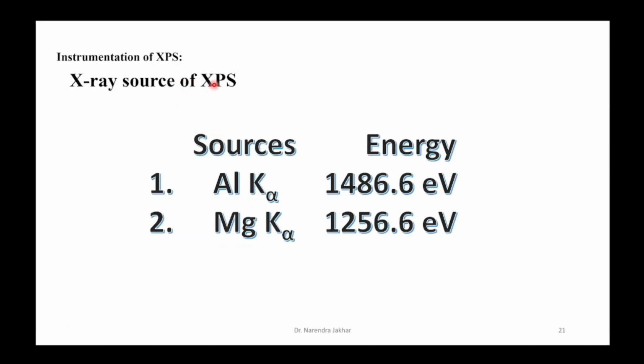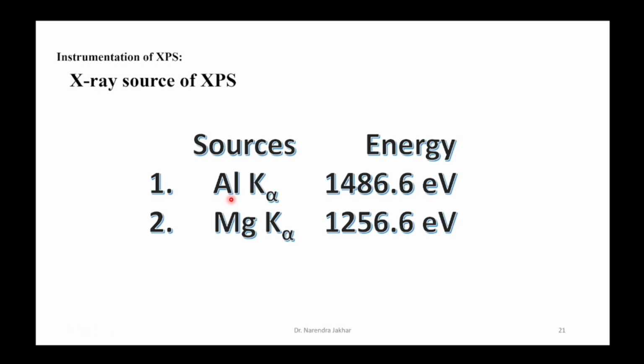So, X-ray sources of XPS. Usually, in recent days, the two main X-ray sources used by XPS systems are Al K alpha. These are the characteristic X-rays of the aluminum anode. In X-ray sources, we have discussed that X-rays can be of two types: continuous X-rays and characteristic X-rays.